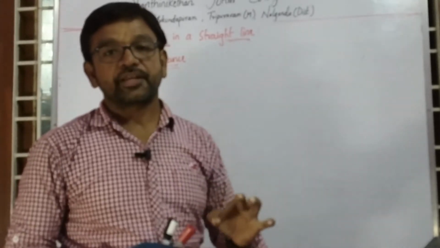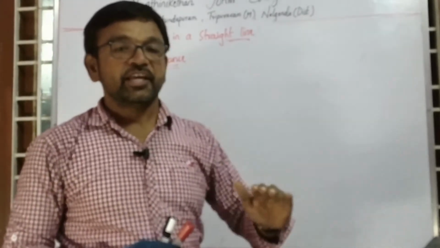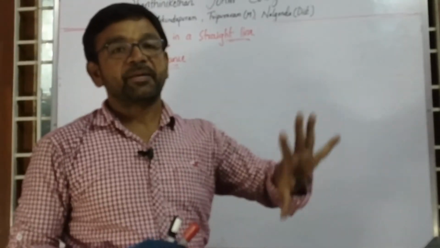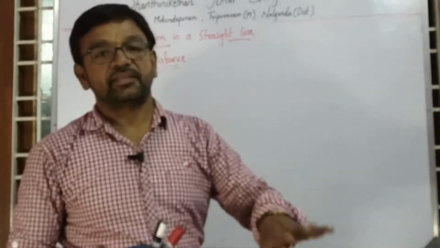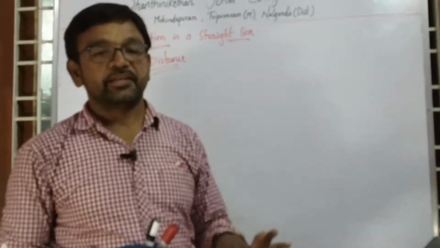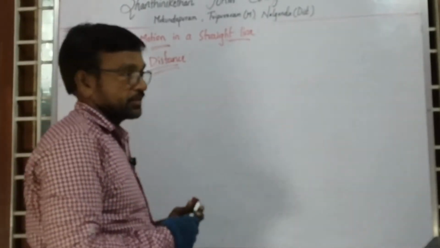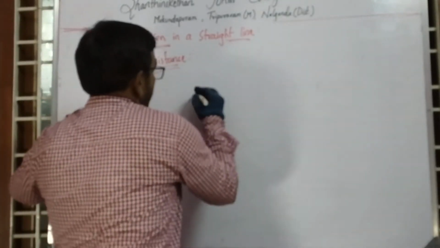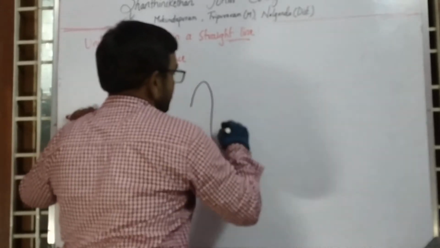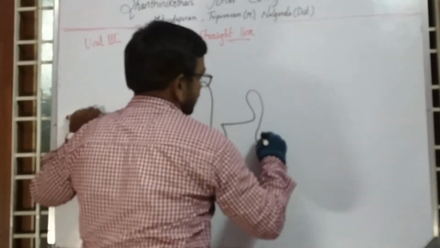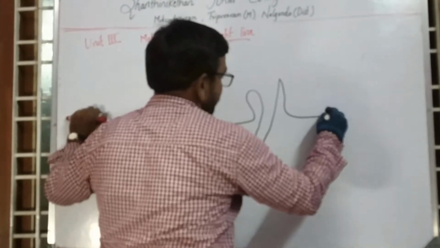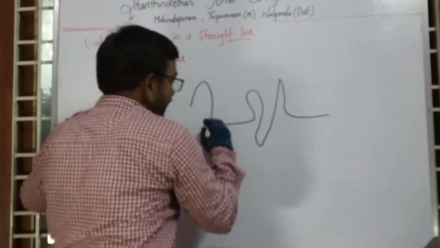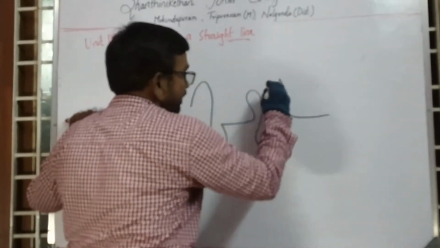The path traced by an object in any direction by maintaining some path length is known as distance.